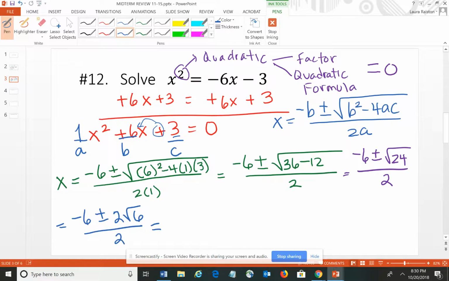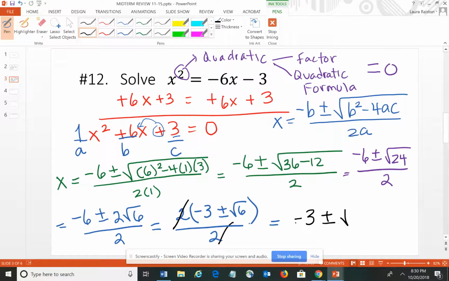I notice that I have a common factor of 2 in the numerator, so I'm going to factor it out. So I have negative 3 plus or minus the square root of 6 all over 2. Since I have a 2 in the numerator and a 2 in the denominator, they will divide out, and my final answer is negative 3 plus or minus square root of 6.